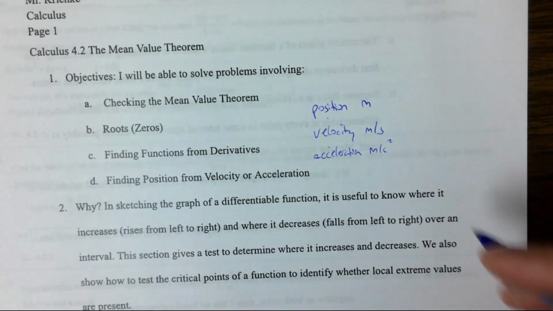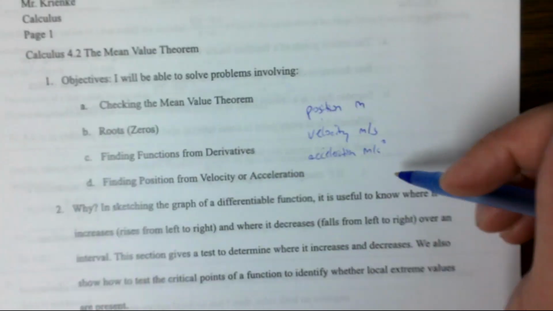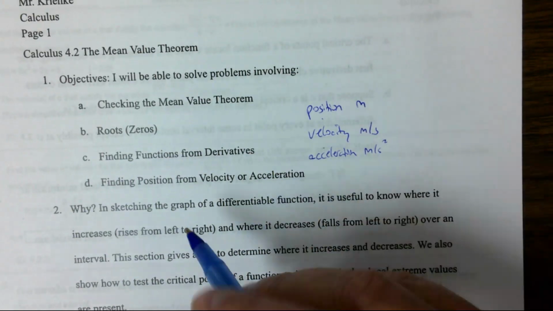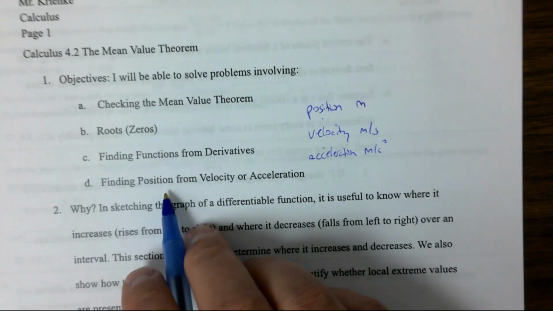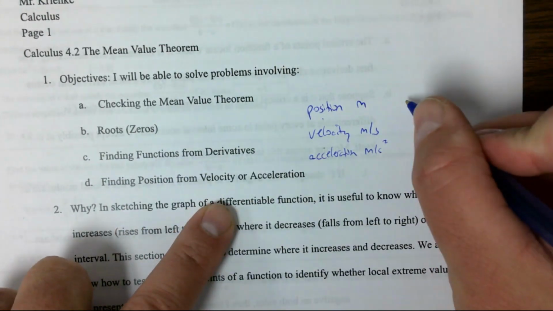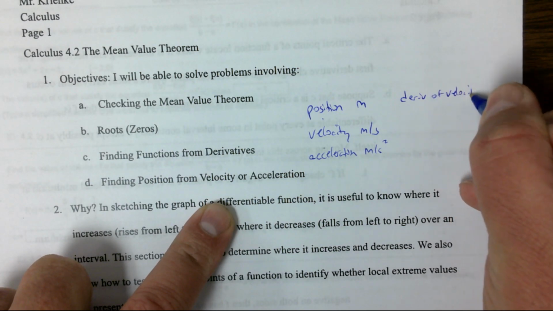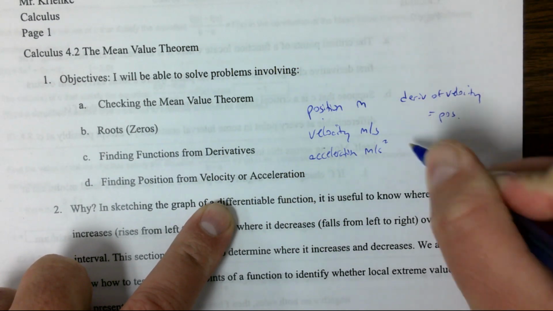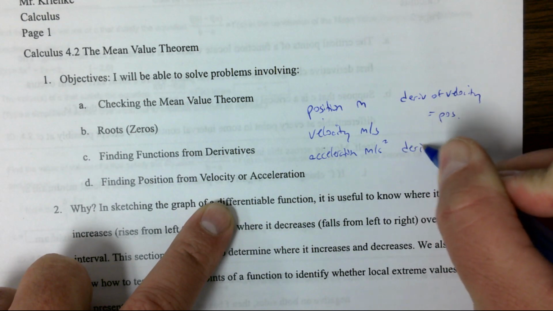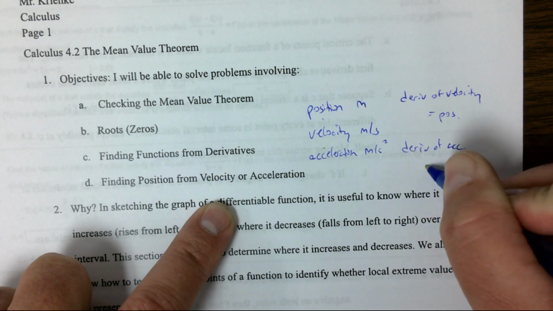Now, related to math, the derivative of position is velocity, and the derivative of velocity is acceleration.